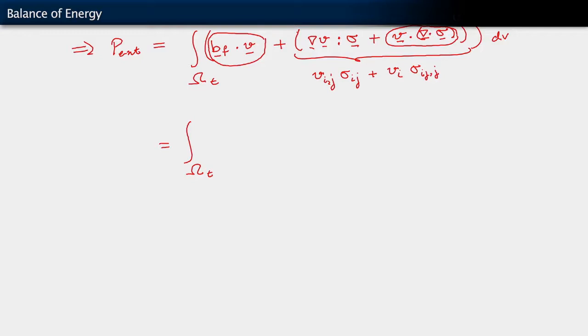So in order to make that clear, let's write this all out in the following form. So I'm going to write this as Bf plus divergence of sigma minus rho. Now just for the sake of brevity, I'm going to use this notation that we've little used in this class, but I'm going to use in this series of lectures, for the material time derivative of the velocity. Okay, because otherwise I need to add the specification that this is with respect to holding the reference position fixed and so on. Okay, so that's the material time derivative here.